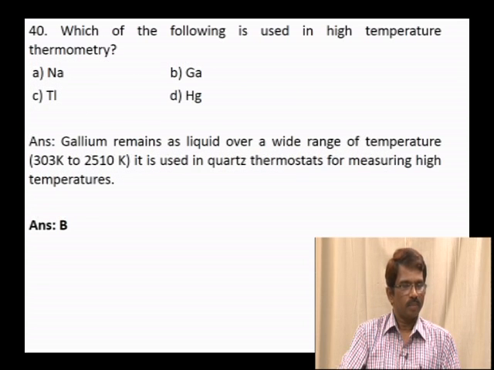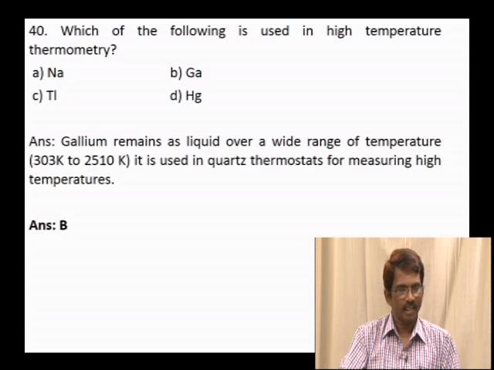In the question number 40, which of the following is used in high temperature thermometry? The options are sodium, gallium, thallium and mercury. Gallium is one such metal which remains as liquid over a wide range of temperature, that is from 303 Kelvin to 2510 Kelvin.